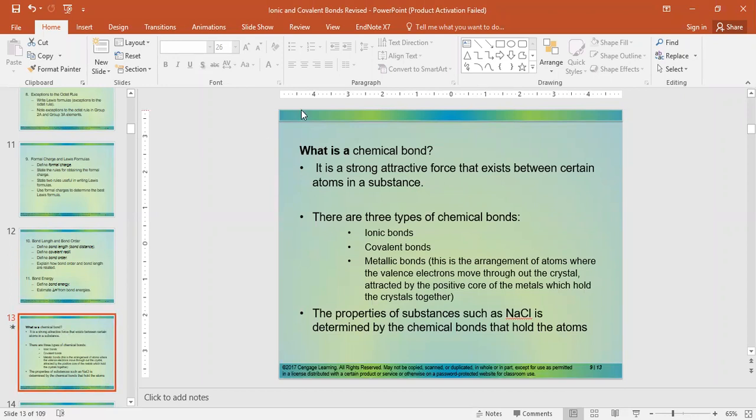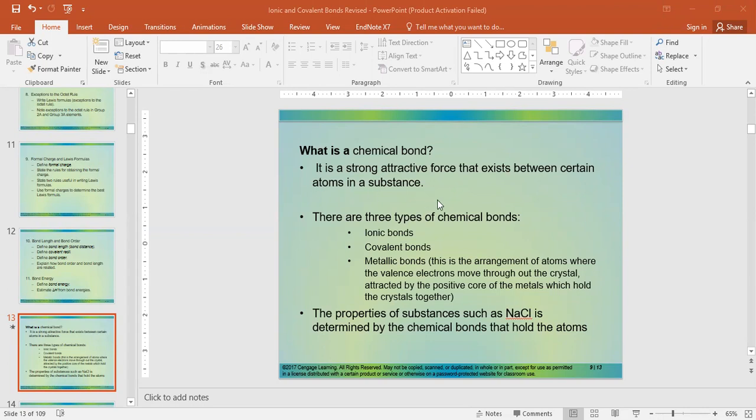So we straight away start with chemical bonding, because when you talk about chemical bonding, this is where we are talking about ionic bonding, covalent bonding, and we'll also be talking about metallic bonding, just to mention. By definition, a chemical bond is a strong attractive force that exists between certain atoms in a substance.